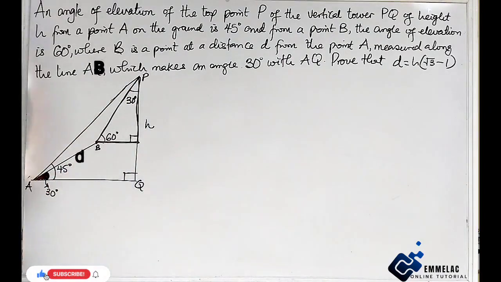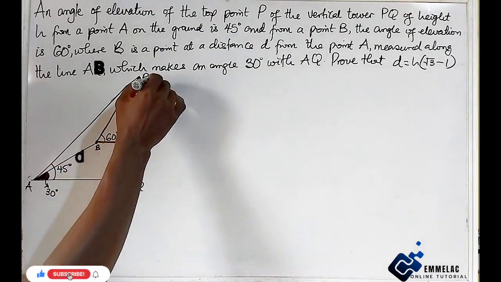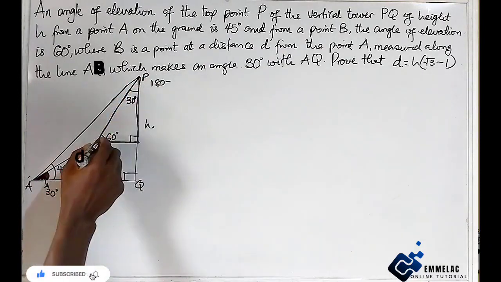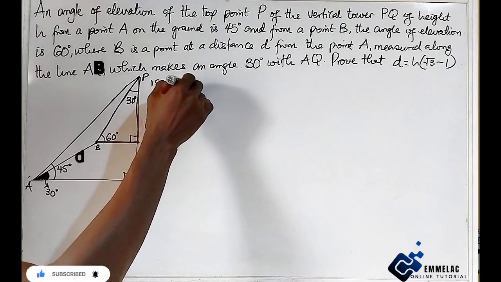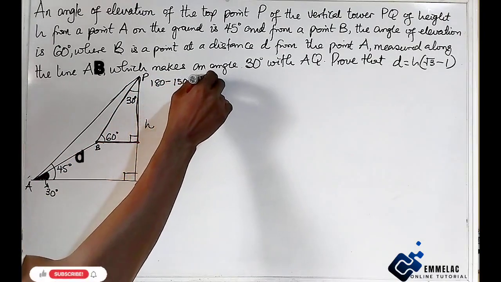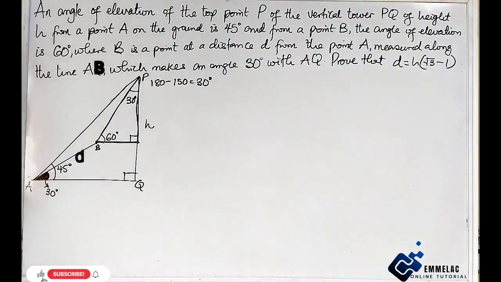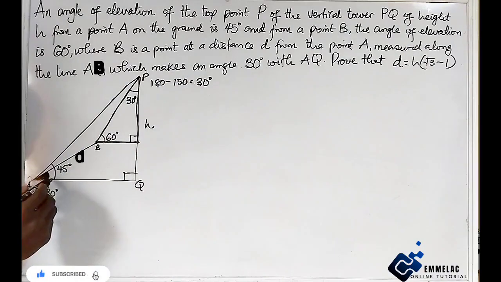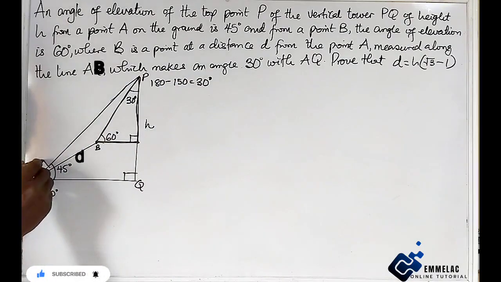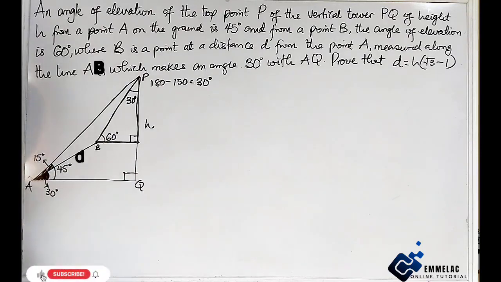This is because 180 minus the sum of these angles, that will be 150, gives us 30 degrees, and that's how we got 30 degrees here. Okay, and from here, if from here to here is 30 and from here to here is 45, it implies that the remaining part here will give us 15 degrees.